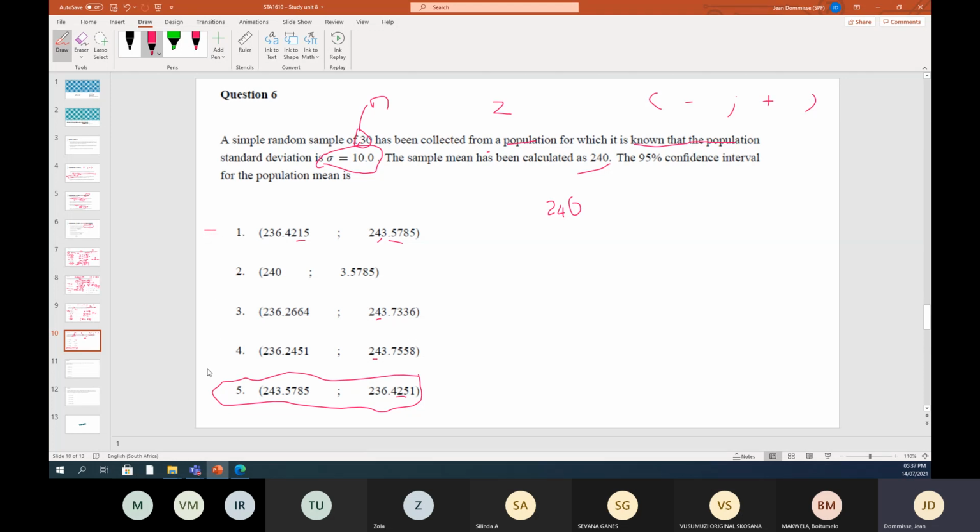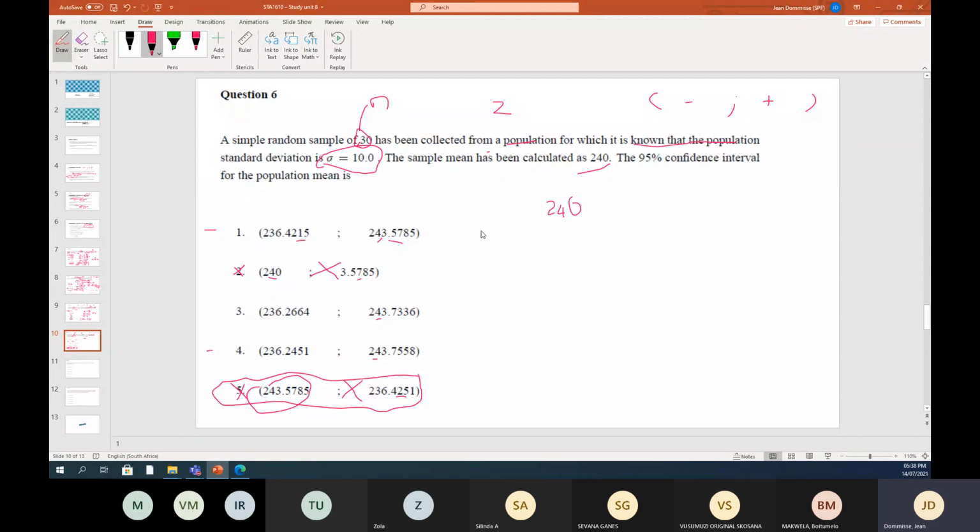If I needed to guess between those two, I would have said number one. But let's see. Option 5 can't be, because that needs to be the bigger number. And this one can't be, because that needs to be bigger than 240 again. That is the mean, so options 5 and 2 are not options.